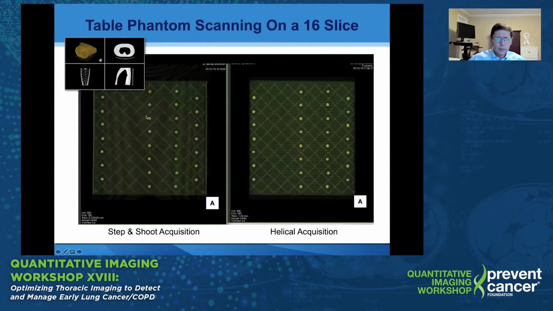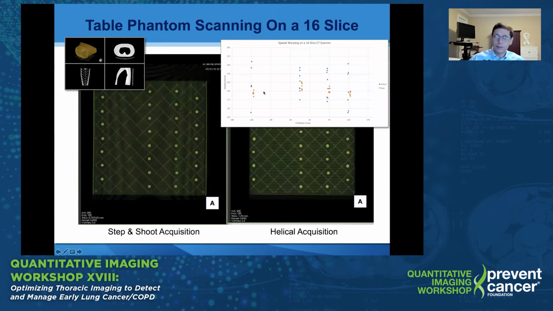Now, we've built phantoms like table phantoms and other things where we put them in these types of scanners, and we see the spatial warping gets worse as you go out to the periphery. And we've even gone as far, because people don't believe us, despite how much we say it, as measuring this out to the periphery. The blue dots are on this 16 slice scanner using a helical acquisition mode, which is really the only mode you can use when you're doing a breath hold scan. And then the orange dots are when you do step and shoot.